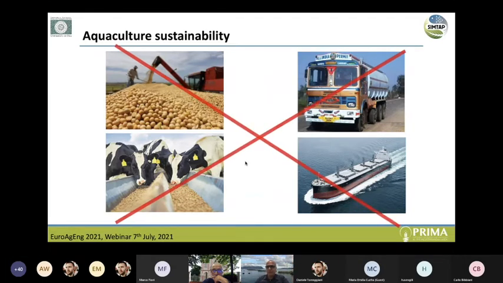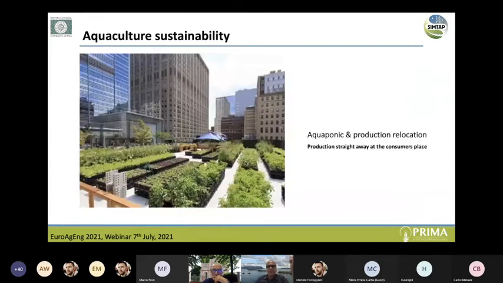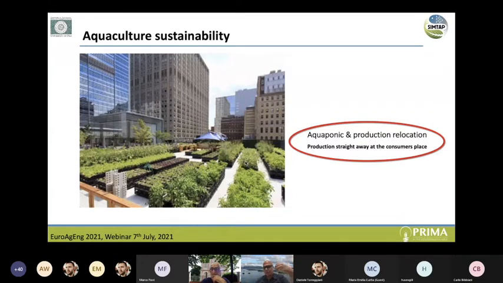So we can avoid this just if we try to relocate also the production. I mean, we can produce food in the place where the food can be consumed, but at the same time, we can produce in that place also the feed necessary to produce fish or other kind of animals.